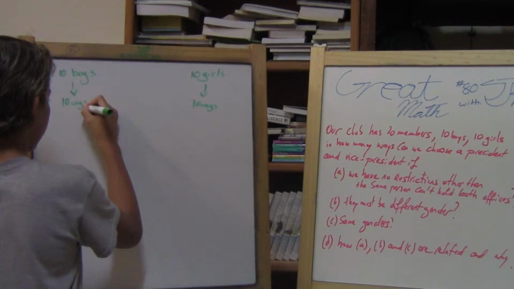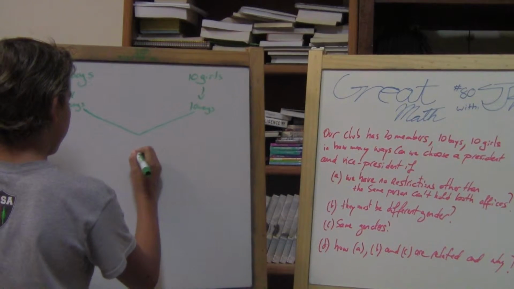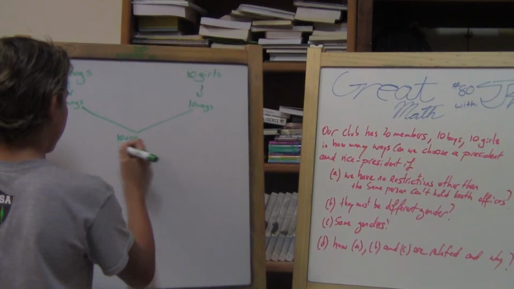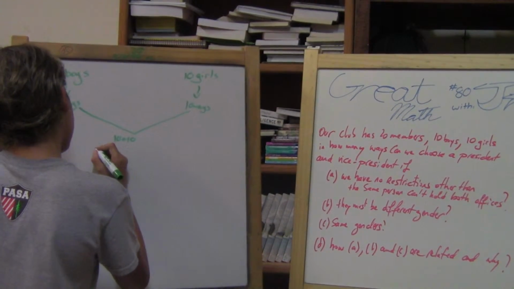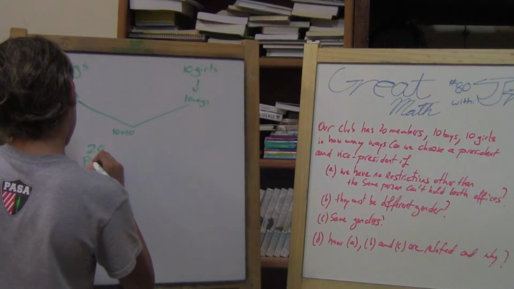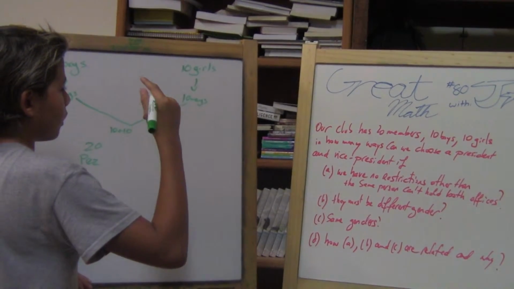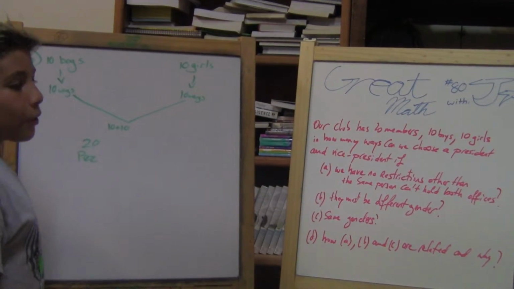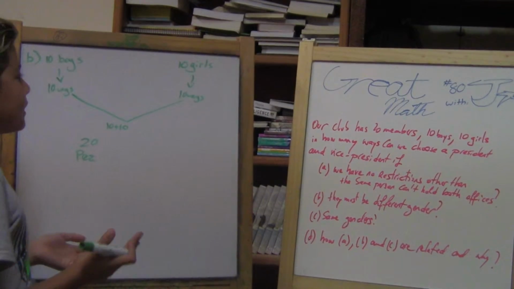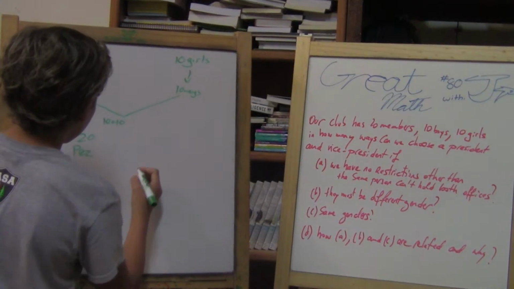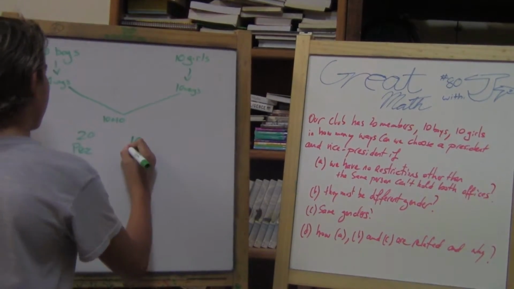Now when you put them together, you get 10 plus 10 again, which is 20. So we know that 20 are running for president, and if it's a boy that got it, then the rest of the boys cannot run anymore for vice. Then all the girls get the chance. So that becomes 10 for vice.